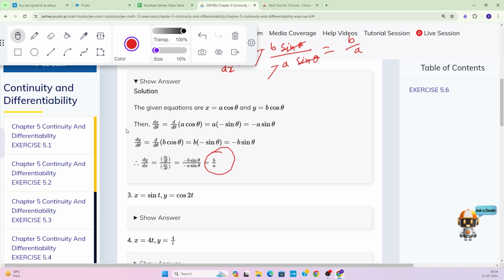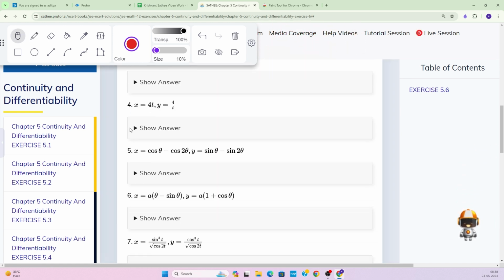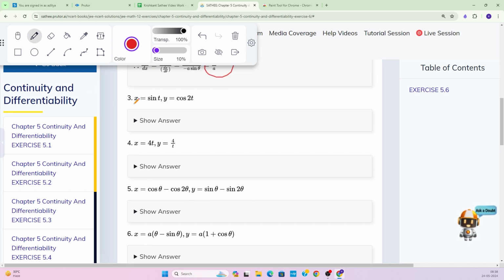Now let us move to the next question. x is given as sin t, y is given as cos 2t. This means we have parameter t. So dy over dx will be dy over dt, which is minus 2 sin 2t, and in the denominator you will get just cos t.